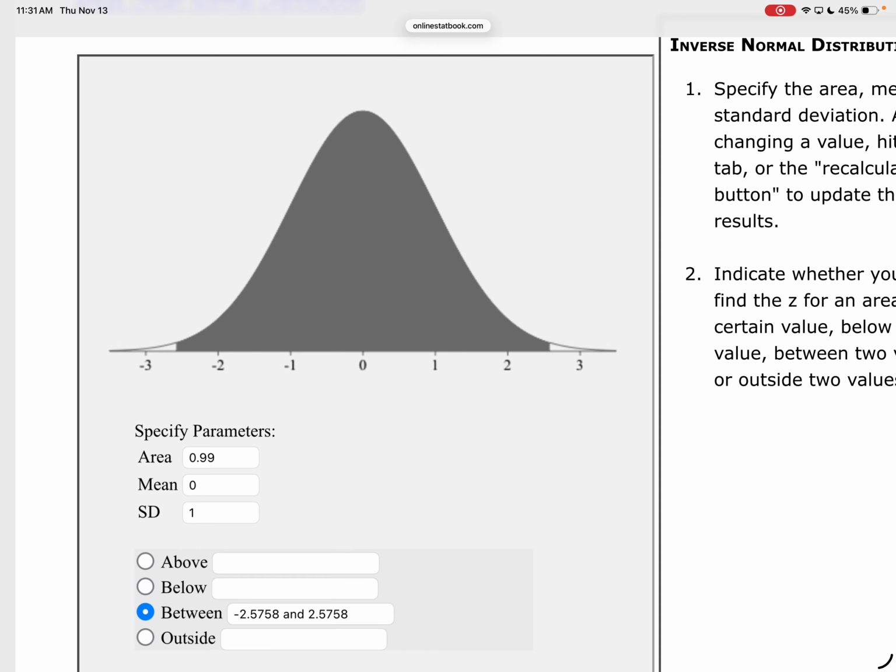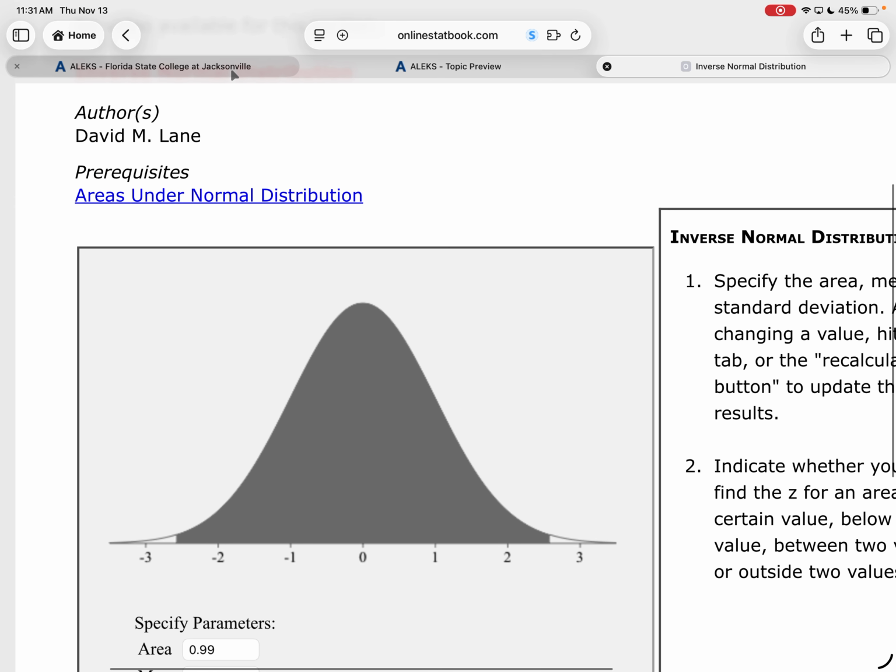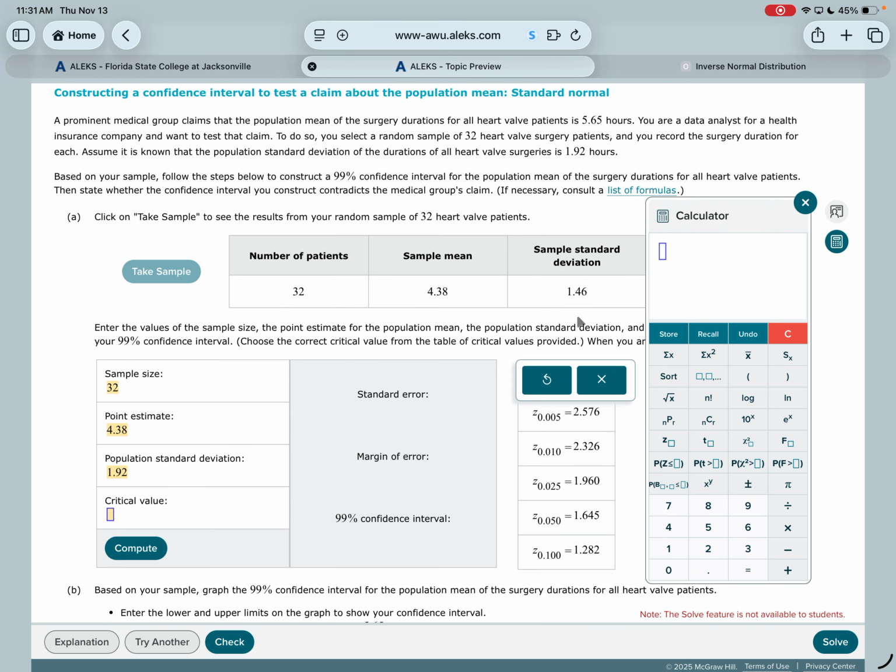But there are two tails, right? So how much is on this side right here? 0.5% here and 0.5% here. So that is how you figure out which one to do. Well, it's 0.5%, so it would be 0.005, right?